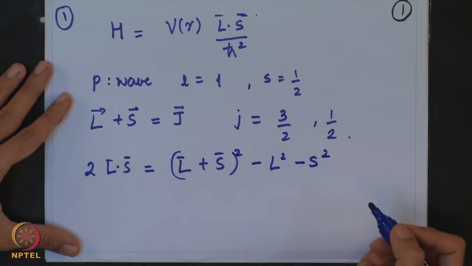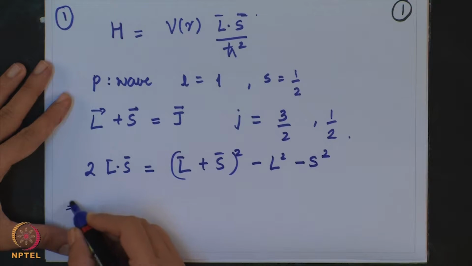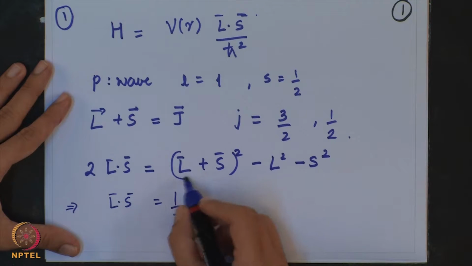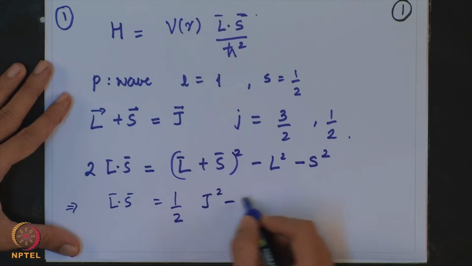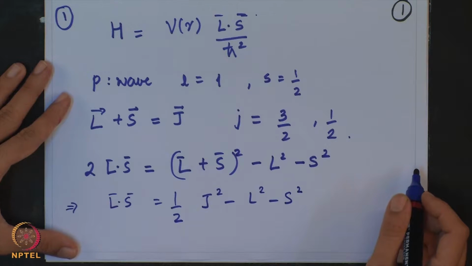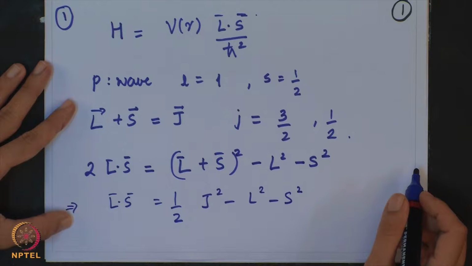I can write like this, correct. So, this would imply that L dot S is half of J square minus L square minus S square. Therefore, one can find out the eigenvalues for L dot S.